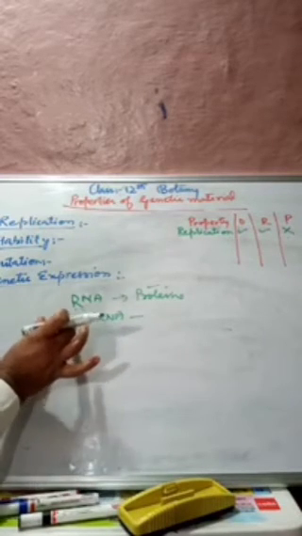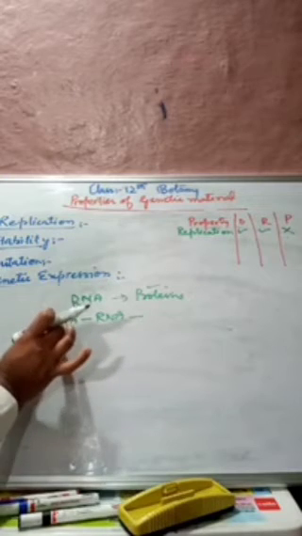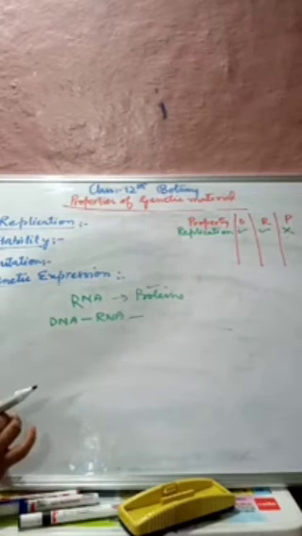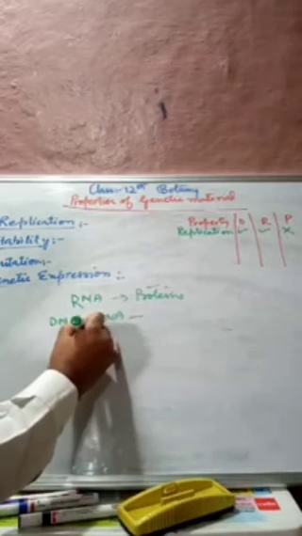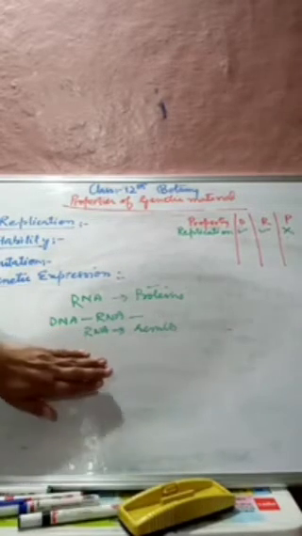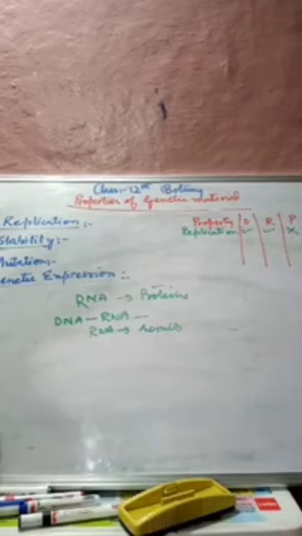That means DNA is more stable and is considered better than the RNA for the storage of genetic information. But for transmission of genetic characters, RNA gives better results. So these are some of the properties of genetic material.